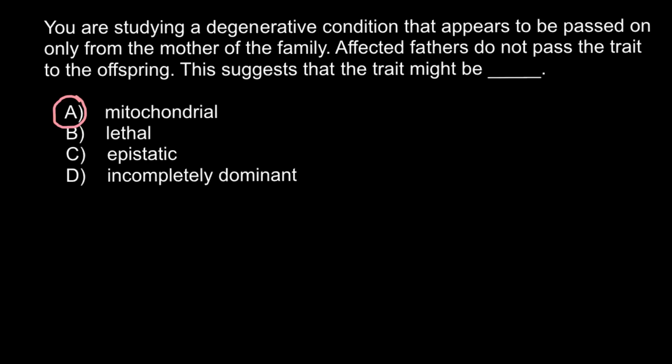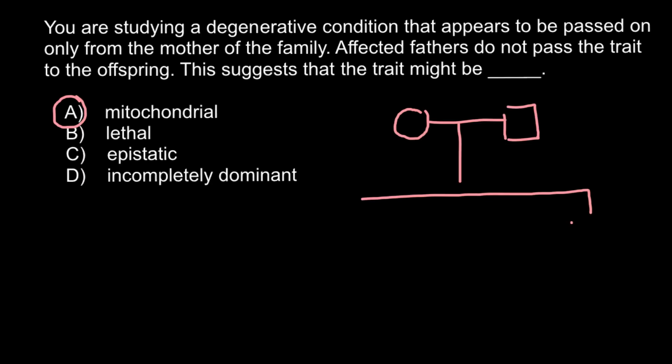Imagine that this is a pedigree of the family. Here is a mother, here is a father, and this family has, say, 3 children. For example, 2 of them would be males, and 1 would be female.